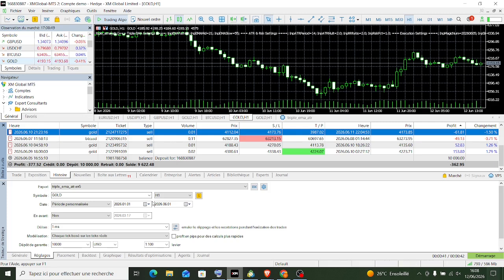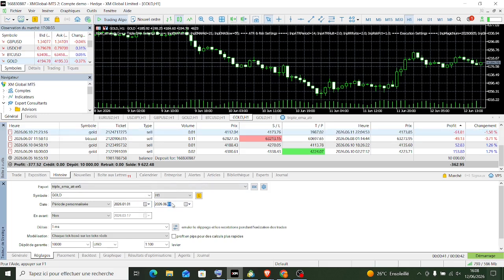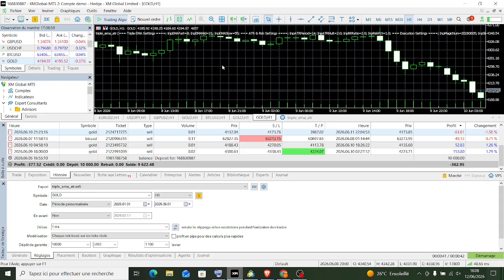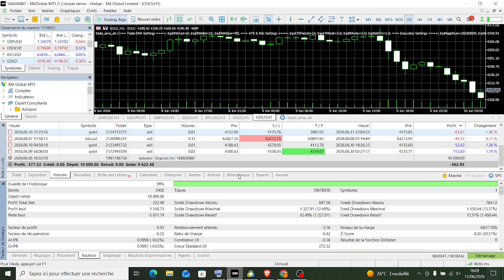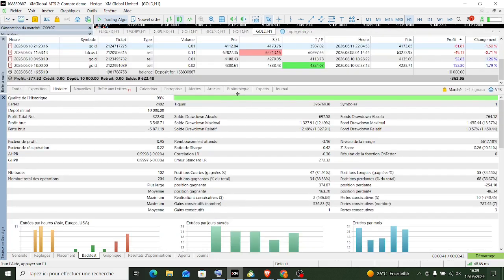But here's the trap. When I ran a full backtest from January to June 2026 in MetaTrader 5, the reality hit. A net loss of minus $322, a profit factor of 0.95, a win rate of 33%. Why the massive difference?